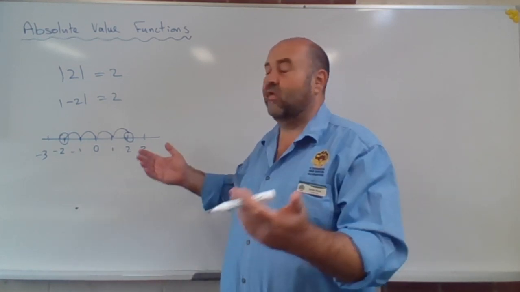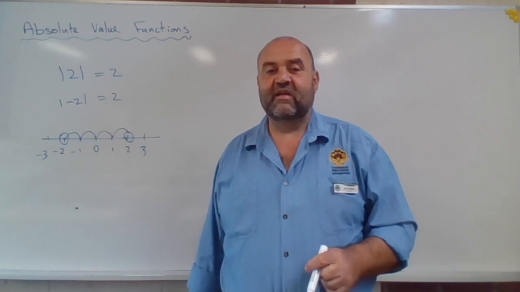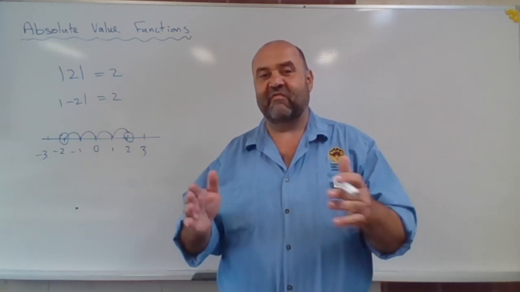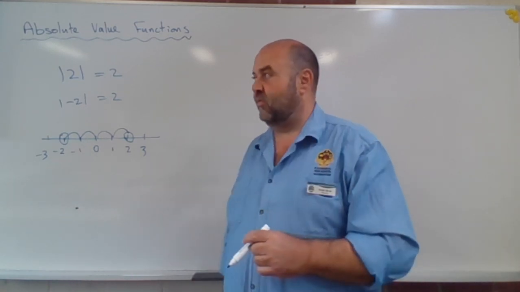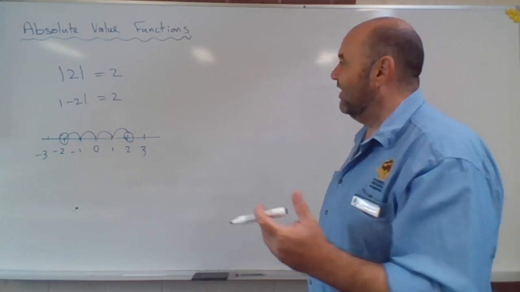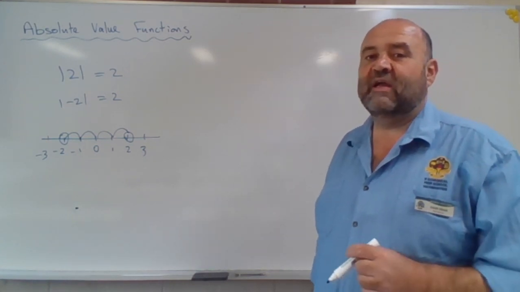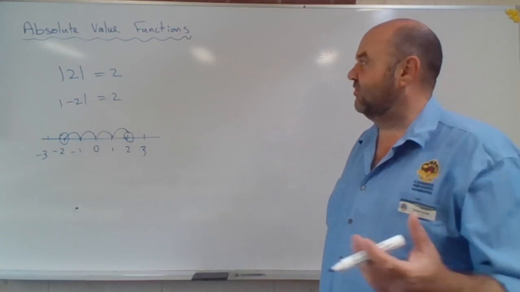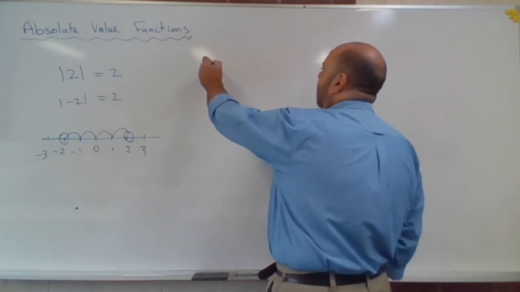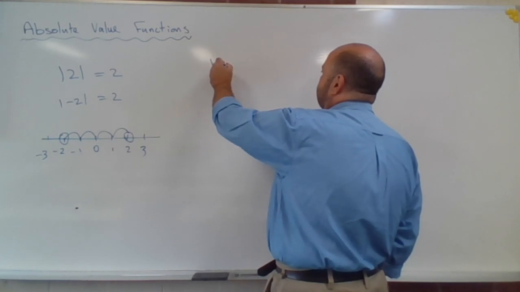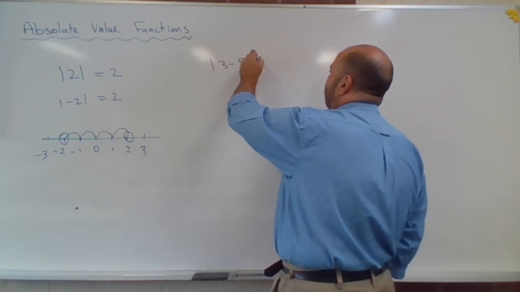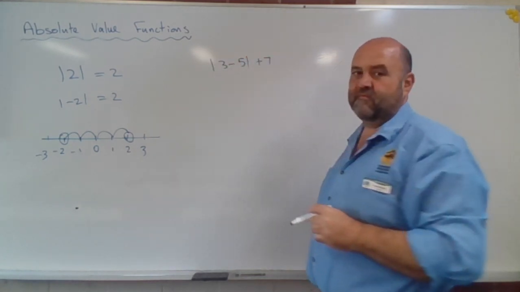So if we're ever asked what is the absolute value of this term or this expression, we're asking how far is that thing from the origin. So if I had an expression that was a little bit more involved, so for example, what is the absolute value of 3 minus 5 plus 7?